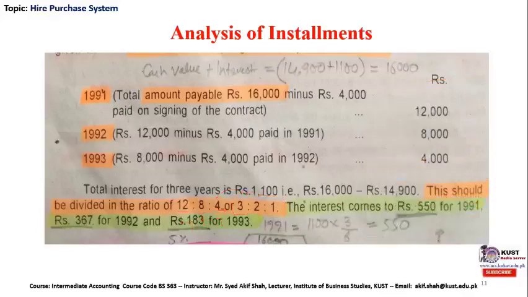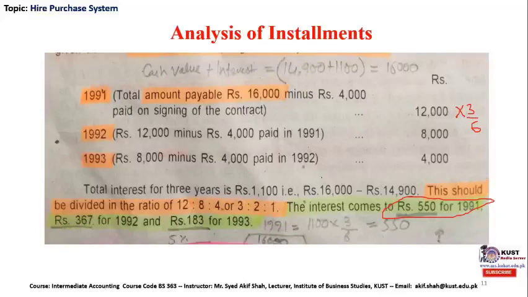The interest for the first year is 550 for 1991. How did we calculate it? We multiply by the given ratio of 3/6. Why has this 6 been taken? You have to add up all the ratios, 3 plus 2 plus 1.